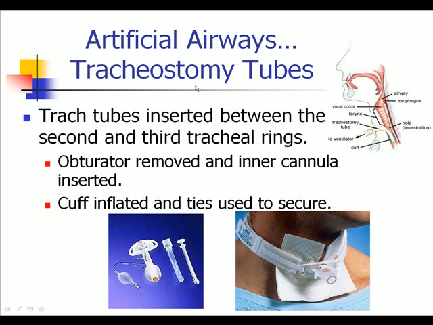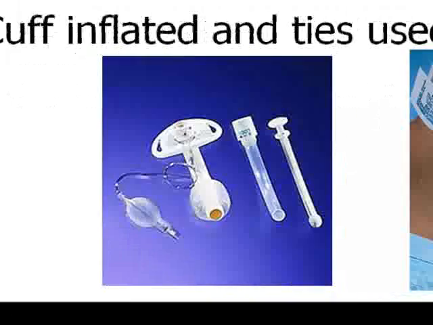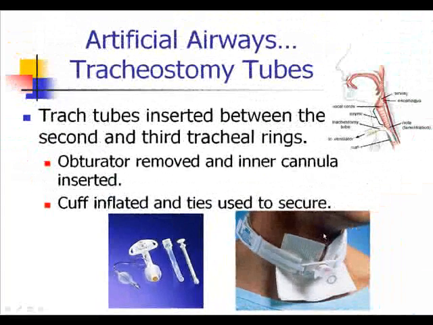And you can see that the trach tubes are inserted between the second and third tracheal rings, and there is an obturator, which is removed, and an inner cannula, which is this device right here, which is inserted. And it also has a cuff and a pilot balloon, which you would inflate and secure. And the picture to the right here shows a common trach setup with the gauze and how the trach is secured with the Velcro straps around the neck.